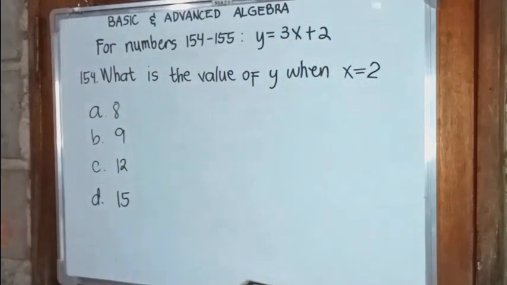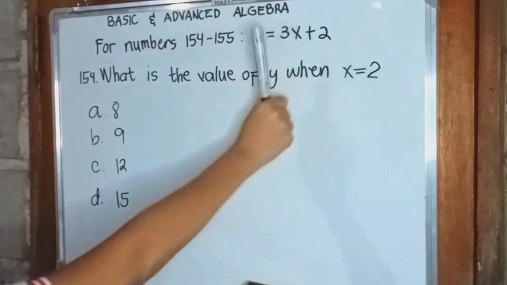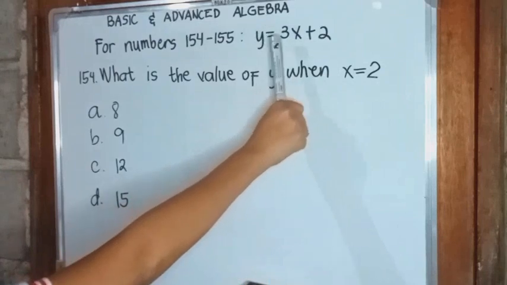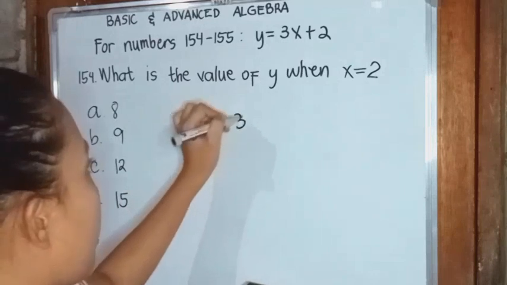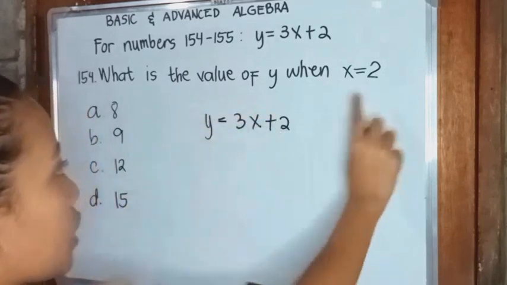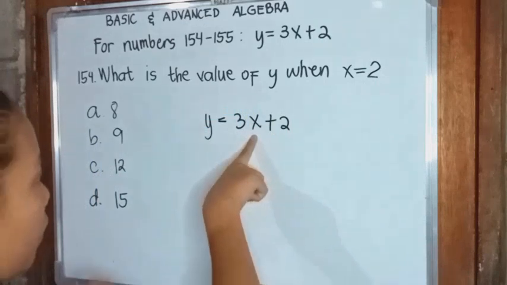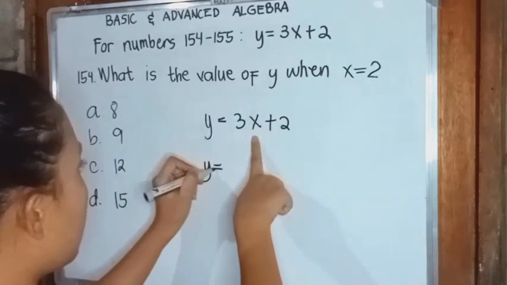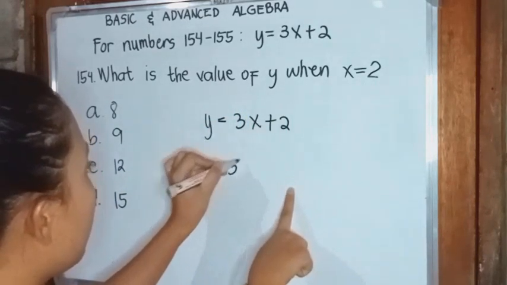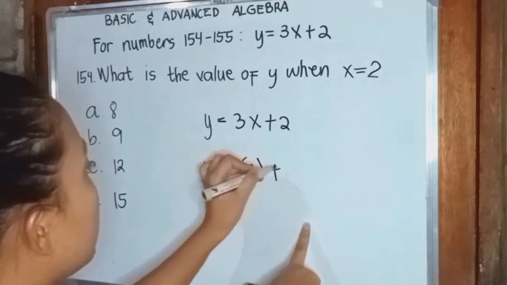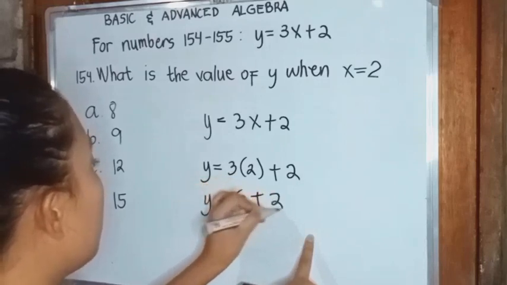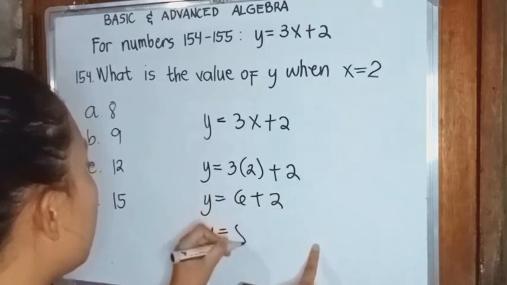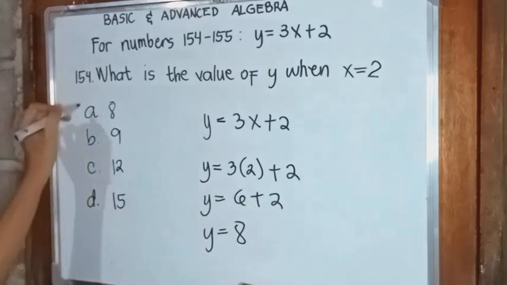To find the value of y, simply substitute x equal to 2 into the given equation y equals 3x plus 2. This will become 3 times 2 plus 2. y is equal to 6 plus 2, and y is equal to 8. And that is letter A.